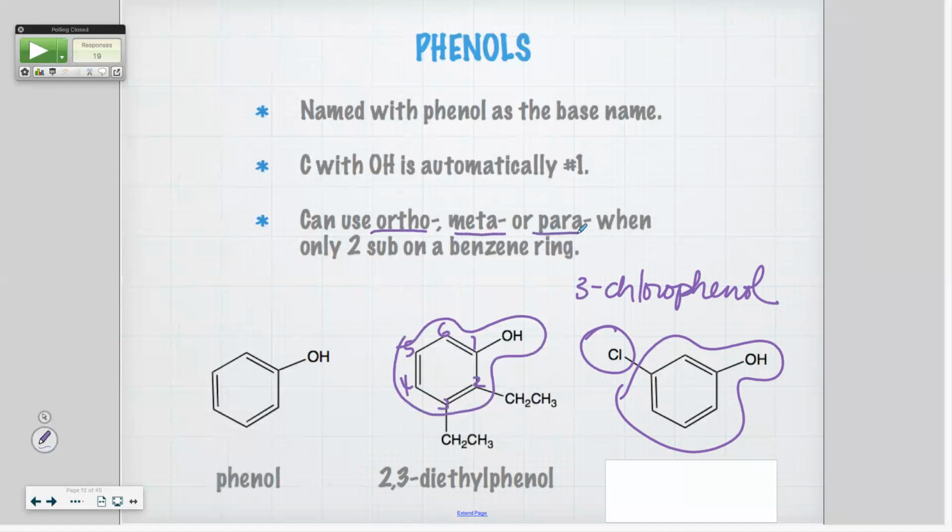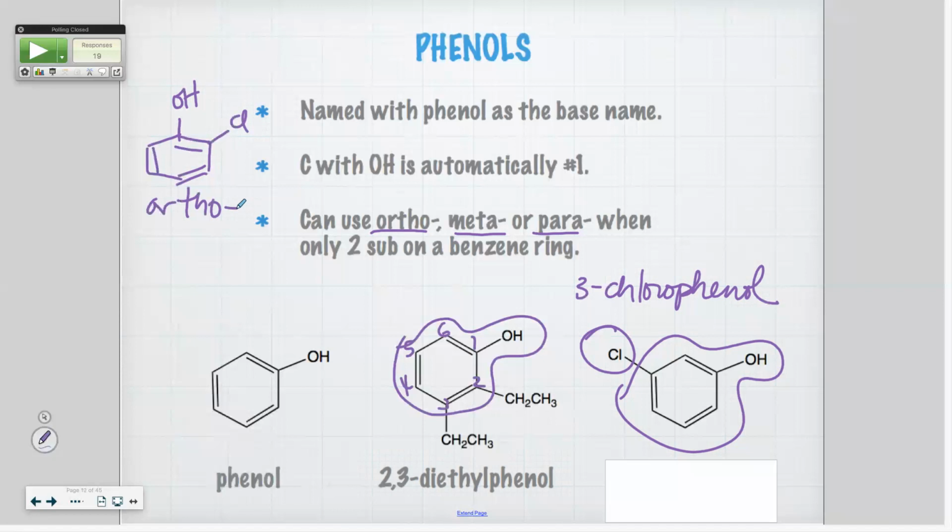Have you seen that yet in lab? If the group is on the carbon next to the OH, it doesn't matter if it's a double or a single bond. We're going to talk about that later. But that is ortho. It goes at the front of the name, and you would say orthochlorophenol.